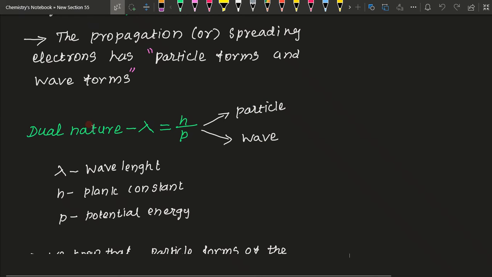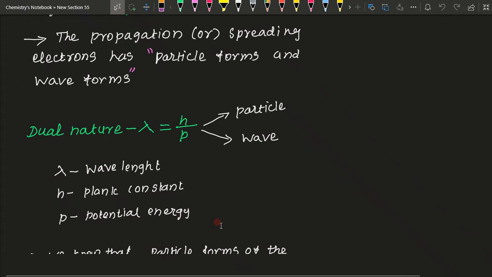So de Broglie gave the equation lambda equals h upon p. Here lambda is wavelength, h is the Planck constant and p is momentum.